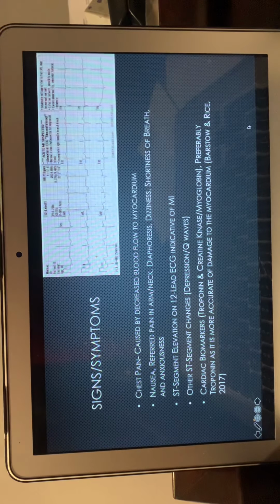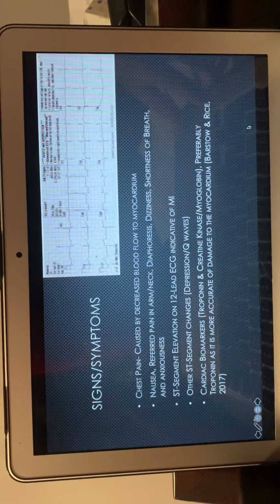It doesn't mean there's an occlusion. It could just mean there's a cardiac contusion or some kind of damage like that, but it is indicative of the actual myocardium. That's also noted by Barstow and Rice in a study they completed that indicated that the troponin was required and more accurate rather than doing the traditional lab values of creatine kinase and myoglobin.